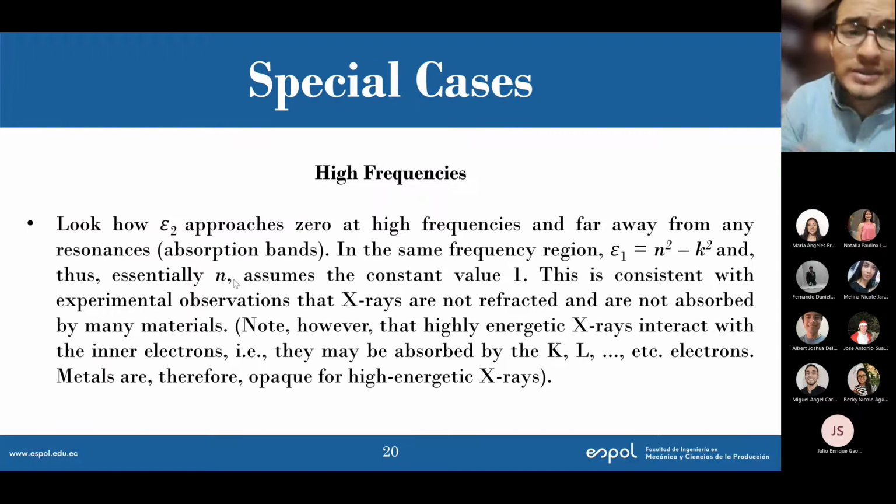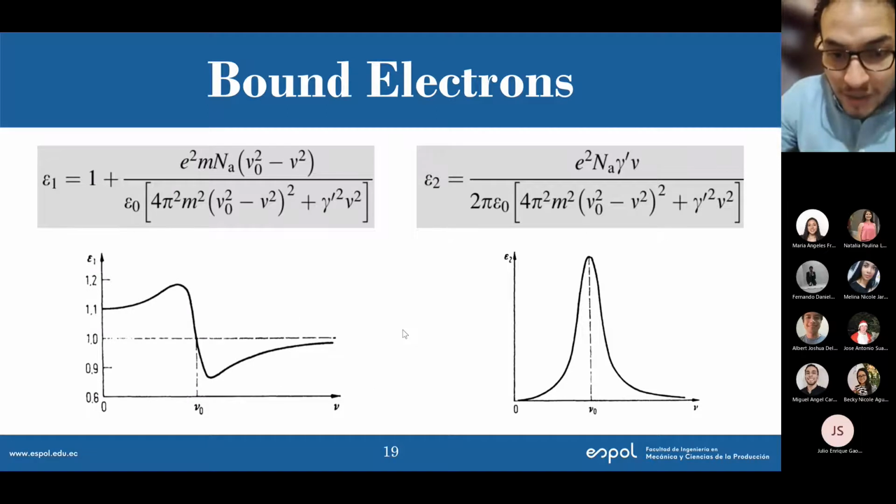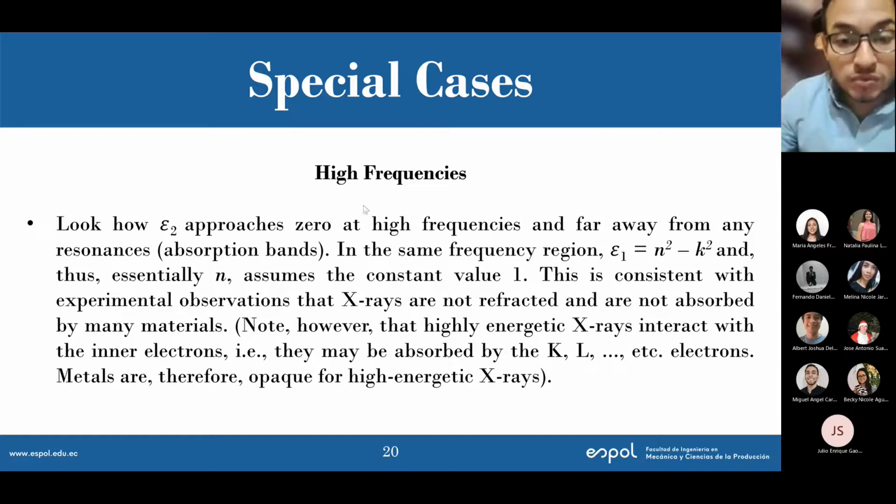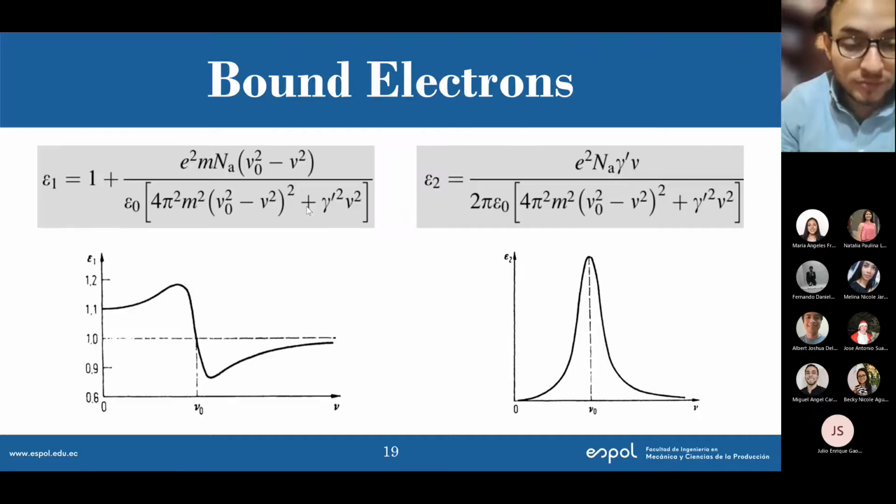So, with these equations, let's see some special cases. Let's see what happens at high frequencies. You can see that epsilon 2, when we're at very high frequencies, far away from the absorption band, so far away from B naught, approaches 0 on either side. And in that region, epsilon 1 assumes a constant value of 1.